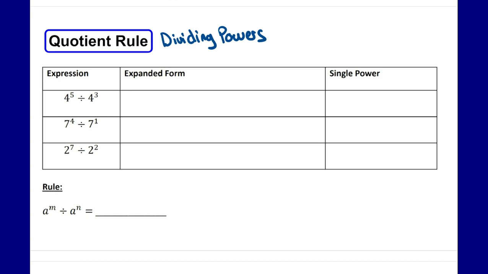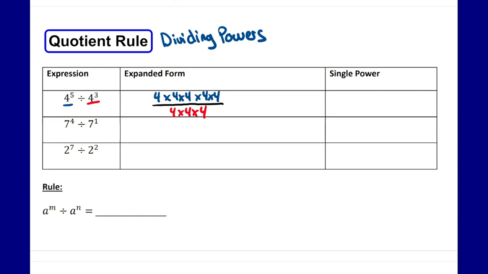If I was to write that out in expanded form, 4 to the power of 5 is the same thing as saying 4 times 4 times 4 times 4 times 4. I'm going to write this divided in a different way. I'm going to write it as a fraction, so I'm going to divide that by 4 to the power of 3, which is 4 times 4 times 4. That's the expanded form.